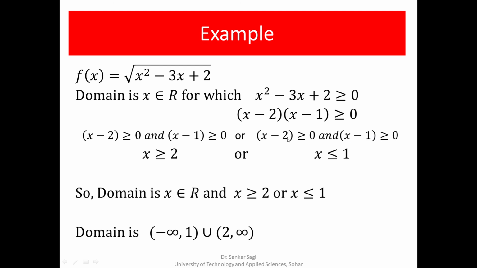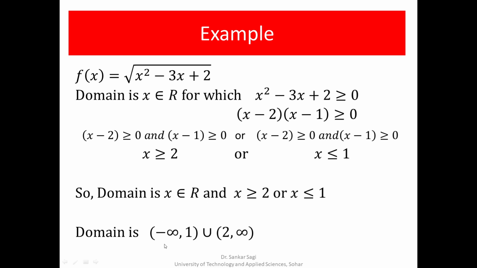So x less than or equal to 1 and x less than or equal to 2, from both we can take x less than or equal to 1, because whenever x is less than or equal to 1, automatically x will be less than or equal to 2 also. So finally we get x greater than or equal to 2 or x less than or equal to 1. So the domain is nothing but any real number with this condition, either x is greater than or equal to 2 or x less than or equal to 1.